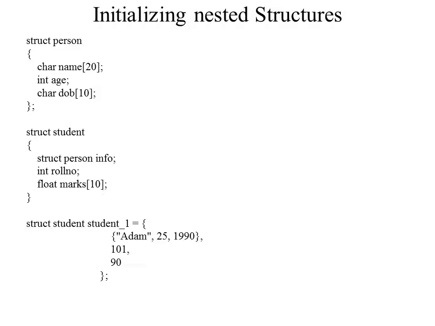So under curly braces the first value will consist of further 3 parts: Adam, 25 and 1990. Adam will go to name, 25 will go to age and 1990 will go to DOB of the variable info. Then 101 will go to roll number and 90 will go to marks.